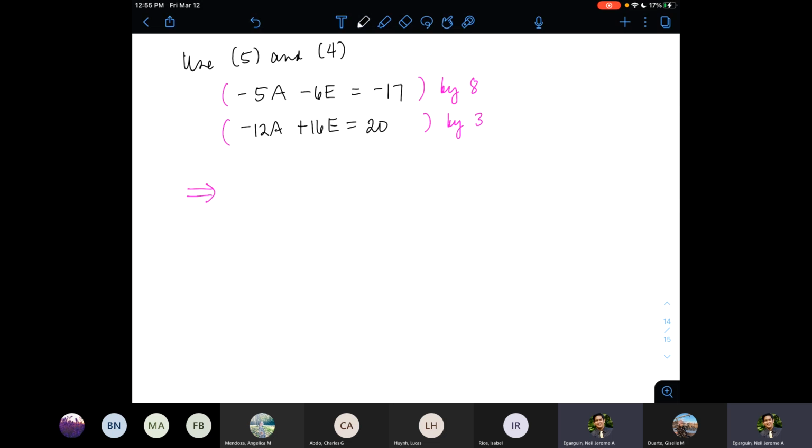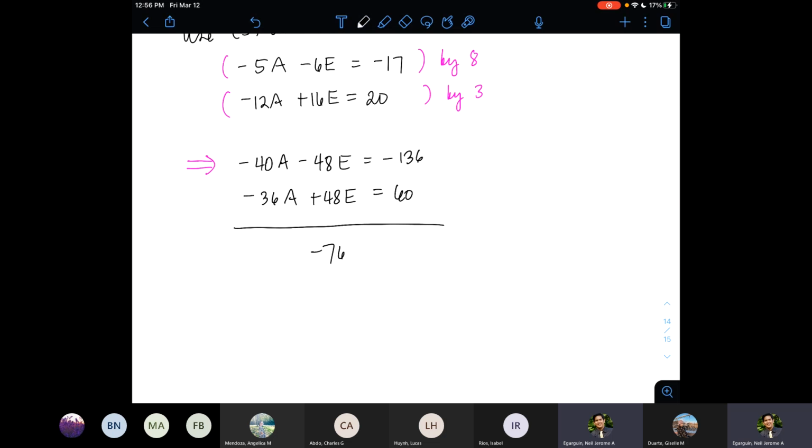So what I'll get is -40a minus 48e equals -136, and minus 36a plus 48e equals 60. Then I add these two together to get -76a equals -76. A is just equal to 1.